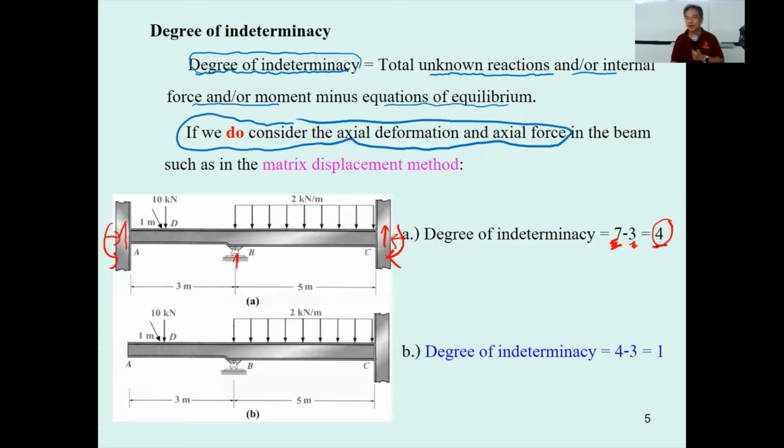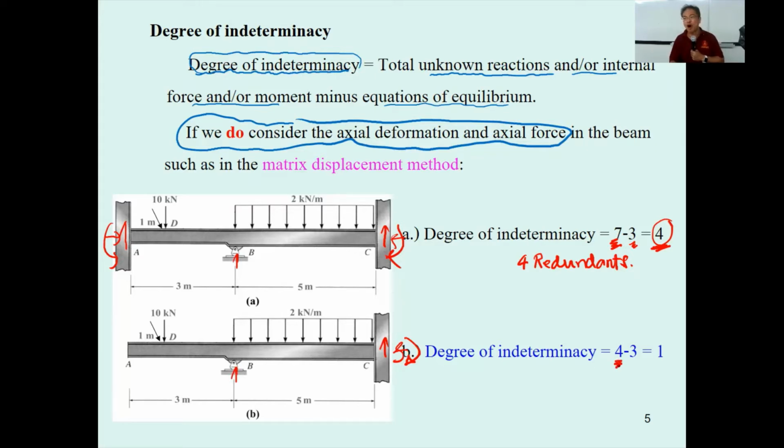Okay, it's going to have what? 4 unknown redundants. So it requires 4 redundants to solve this problem. How about this one? This one will have 1, 2, 3, and then 4.